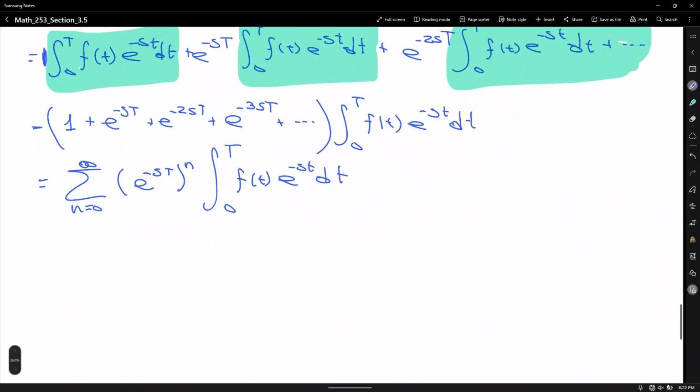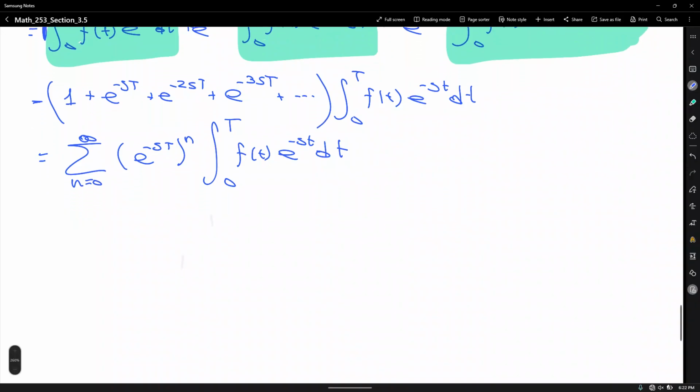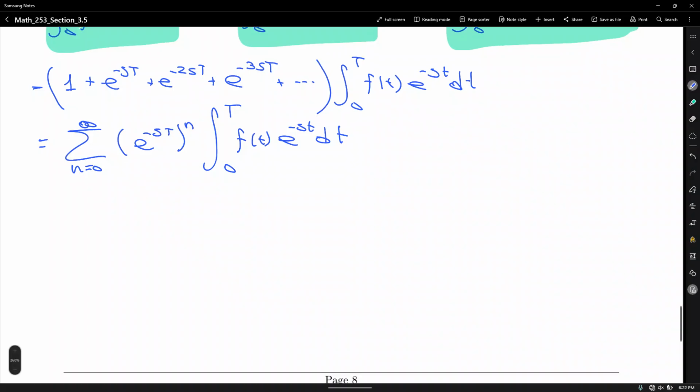Recall that there are two possible outcomes for this geometric series. It diverges for a common ratio equal to 1 or greater, but converges if e to the negative sT is less than 1. Remember, that's the common ratio. Because we want this to converge, we don't care about anything that diverges.